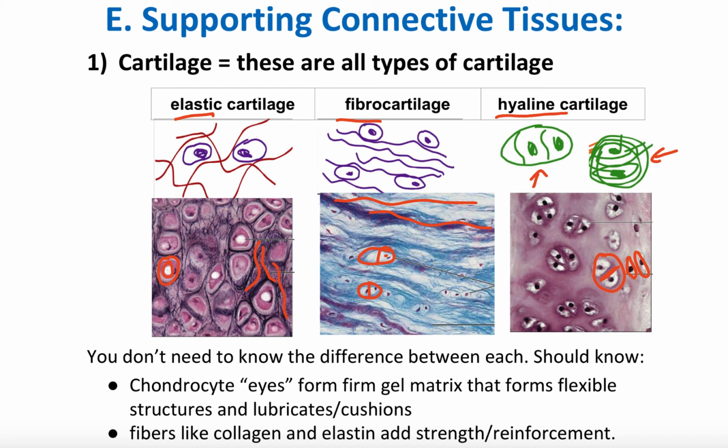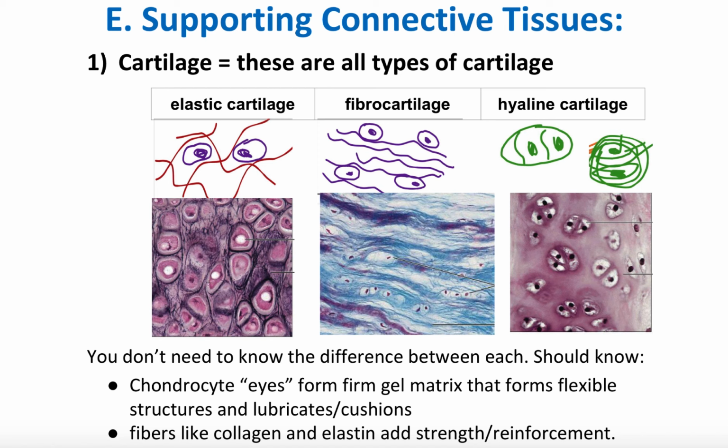Functionally in your body, if you look at all this cartilage with just your eyeball, it looks all the same. It's all this kind of white bendy material. But under the microscope, they stain slightly different, and all of them have different presence of fibers, with hyaline having the least, fibrocartilage having the most, and elastic somewhere in between.